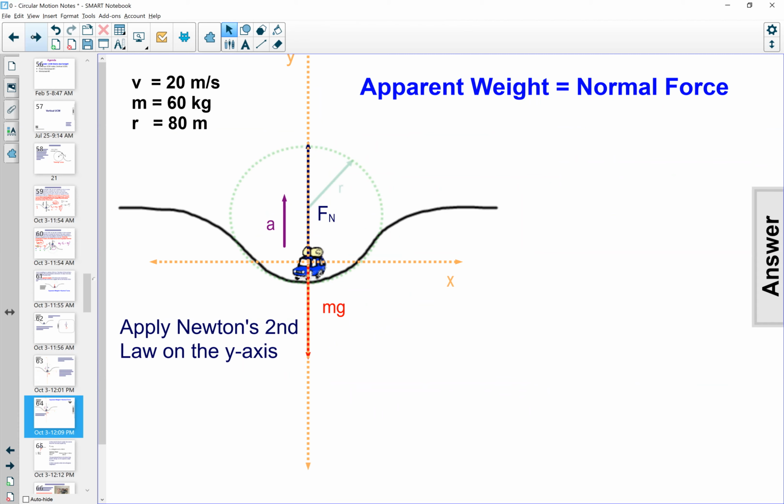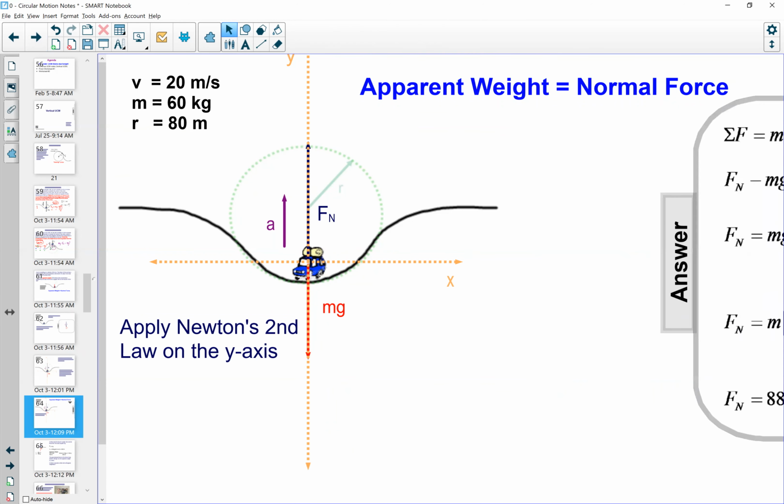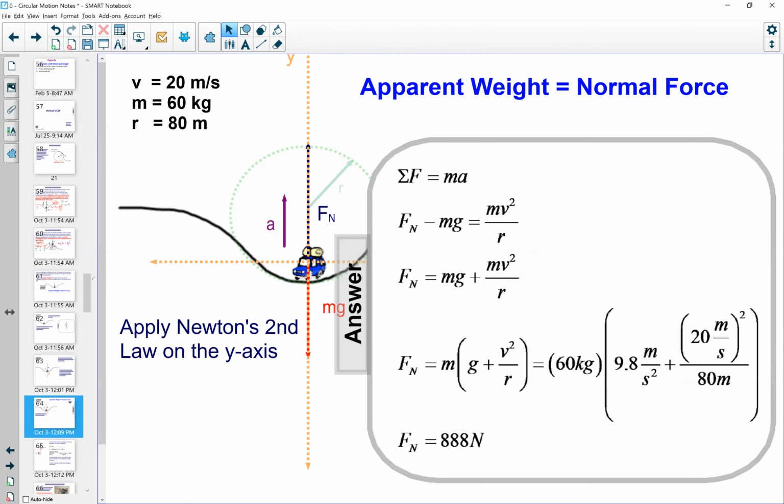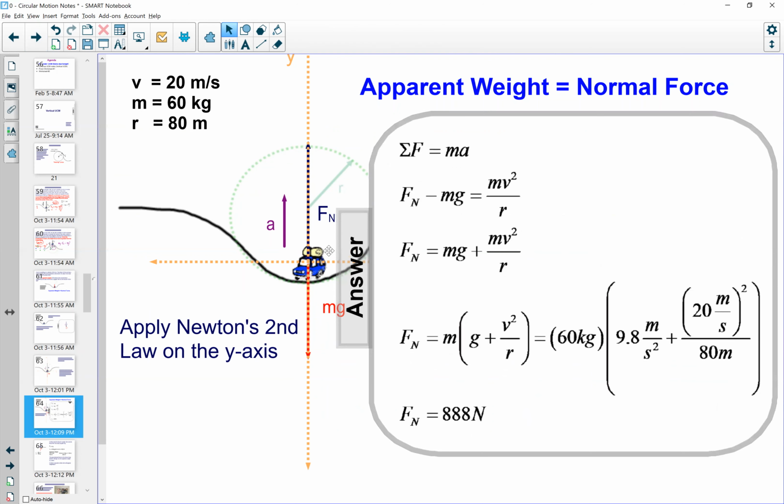But we also know the normal force is bigger than the weight, so we could say normal force minus weight. So if we combine that logic together, like we did before, we're starting with Newton's second law. One way to say it is add up the forces. In this case, the normal's positive, the weight is negative, or the normal's bigger and the weight is smaller, so we would subtract the weight from the normal. On the other side, mass times acceleration. In this case, it's moving in a circle, so that acceleration would have to be v squared over r.